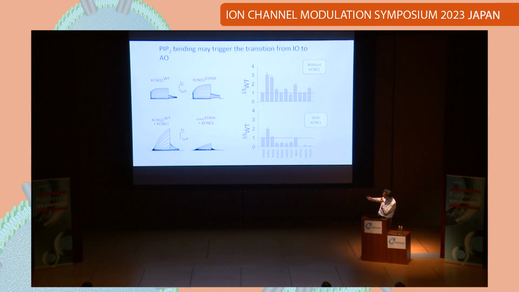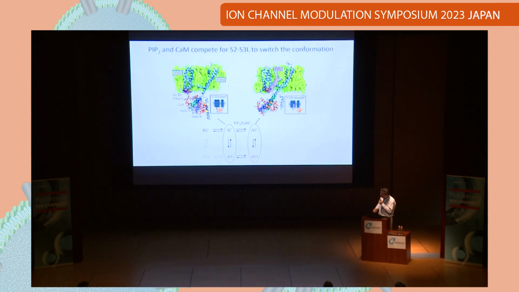If you remember, with KCNQ1, the predominant state is the IO state. With KCNE1, the only open state is the AO state. What it means is that if you get rid of that PIP2, you get rid of the AO state, and you only increase the IO state.